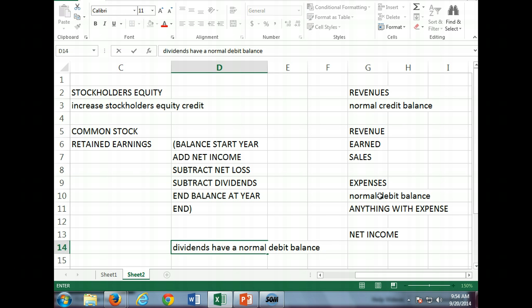So you know, when you look at the accounting equation, assets, when they increase, will just be a normal balance of a debit. Liabilities and stockholders' equity, which is the other side of the equation, are going to have a normal credit balance, which means when you increase them, you credit them.